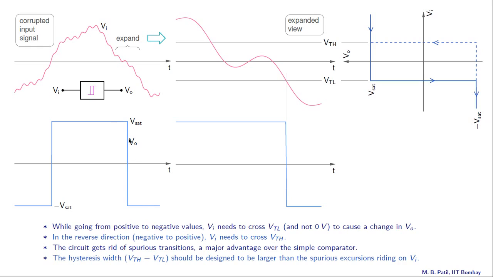So once again, let us expand this part to get this Vi versus time curve here, and it has crossed 0 3 times, 1, 2 and 3, but that has resulted in only one transition in the output, that one. And let us now try to understand why that happened.